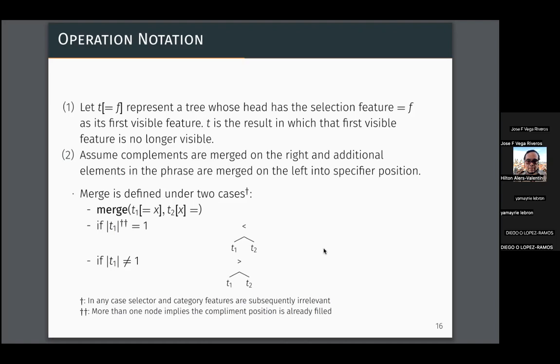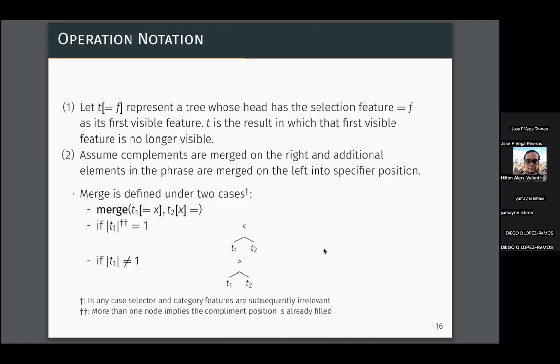We can merge these trees if we have exactly one node, which means the complement position isn't filled. We merge it in this way: T1 is going to be the head, and T2 is the complement.